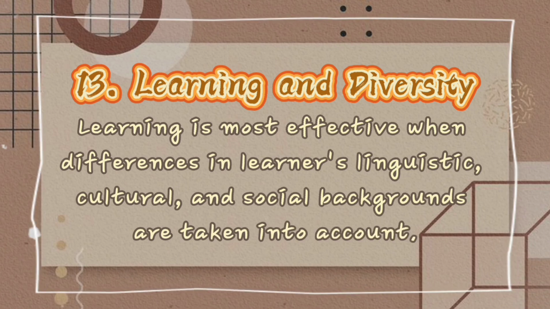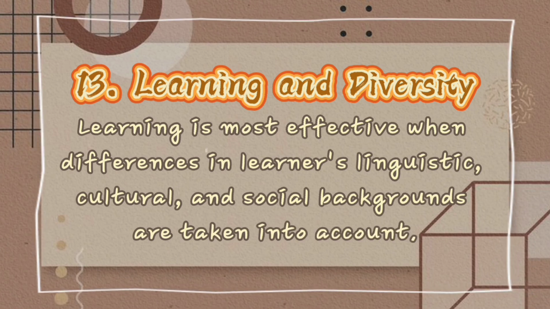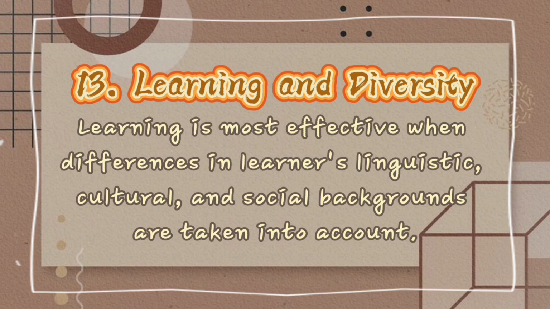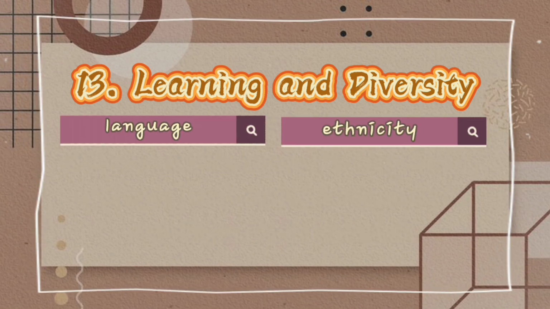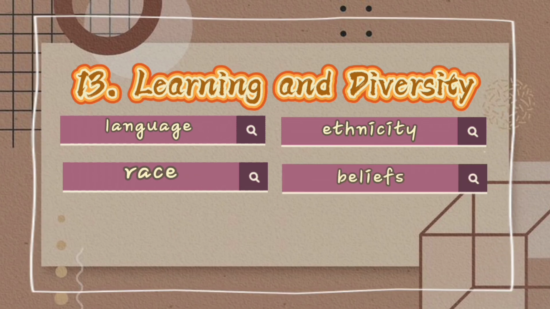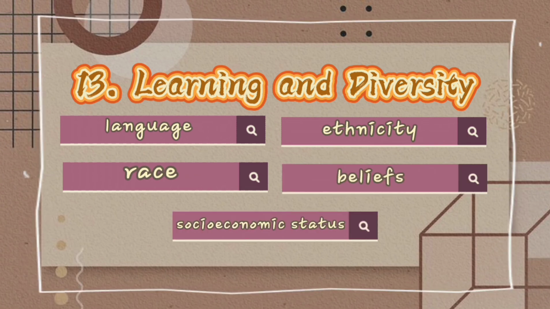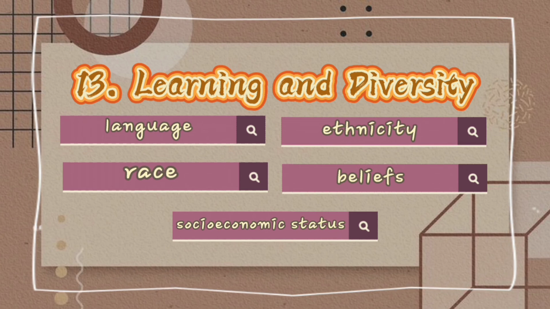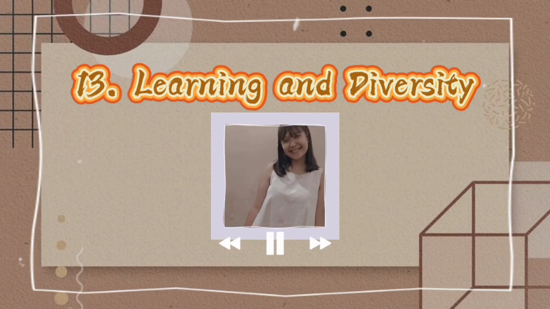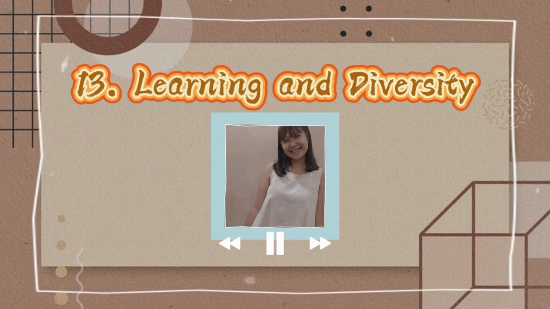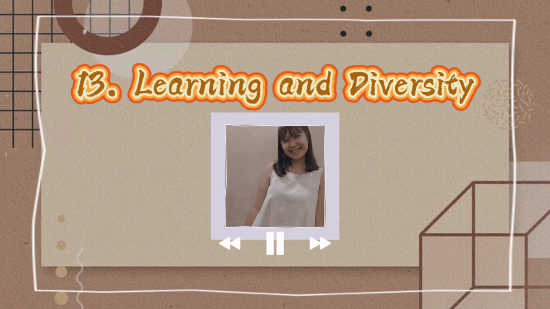Next is learning and diversity. The same basic principles of learning, motivation, and effective instruction apply to all learners. However, language, ethnicity, race, beliefs, and socioeconomic status can all influence learning. Let's say, for example, a learner with a different ethnicity is put with learners who are the same; they will often get bullied and left out.